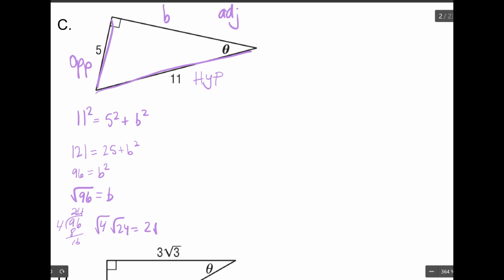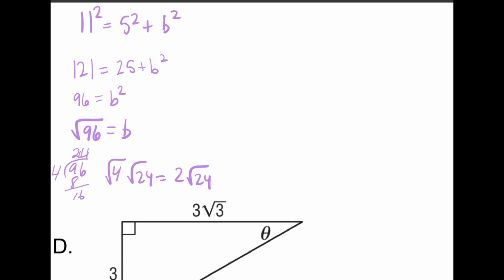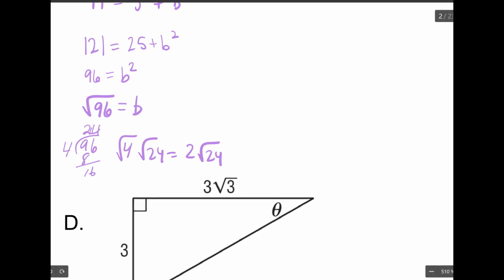So right now I'm at 2 root 24. Remember how we went over this before? Simplifying radicals? Wish I could break this down further. 4 and 6. So root 4, root 6. So this is 2 times 2 root 6, also known as 4 root 6.